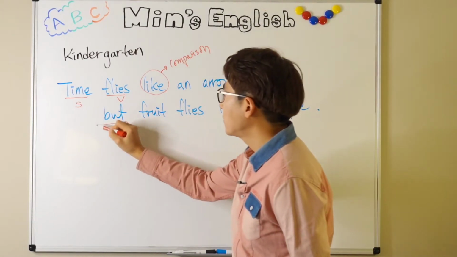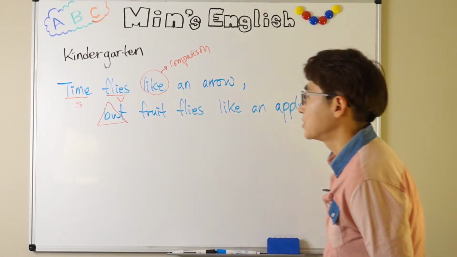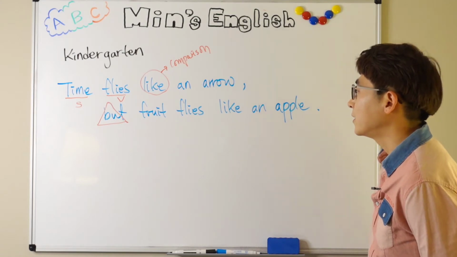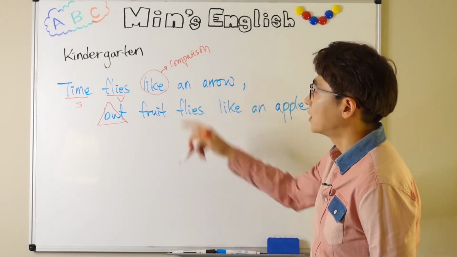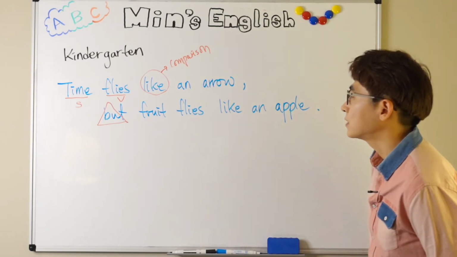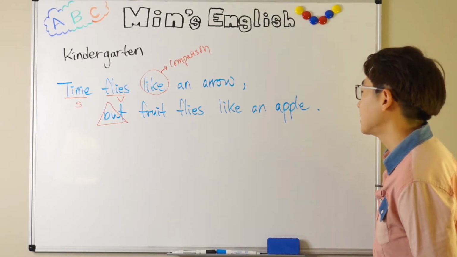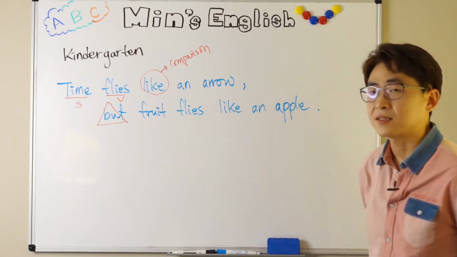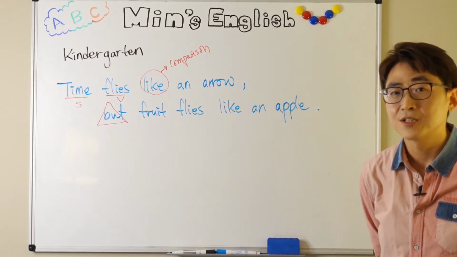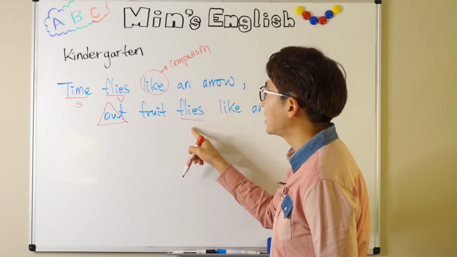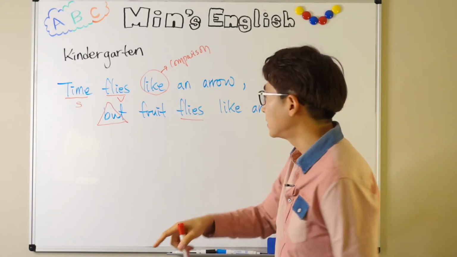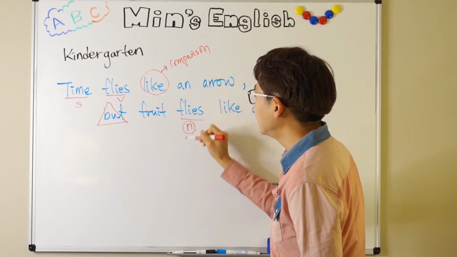And here we have the conjunction but, and the next sentence somehow looks exactly like the first one. So people tend to read it like fruit flies like an apple. But this sentence doesn't make any sense, right? So you have to understand that here flies is not a verb, but it is actually a noun.